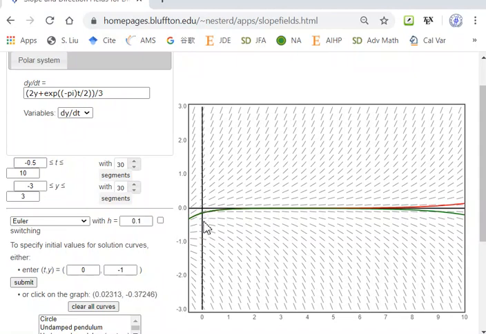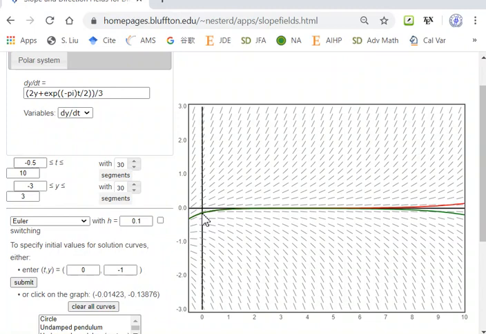So the y coordinate of the intersection of the curve with the y-axis, you can read the coordinate from the lower left corner of this page.